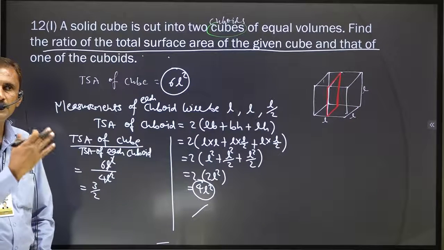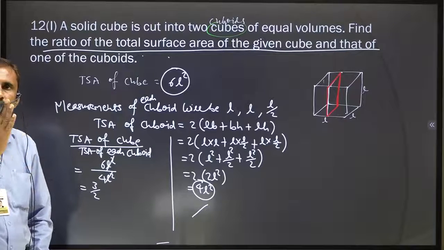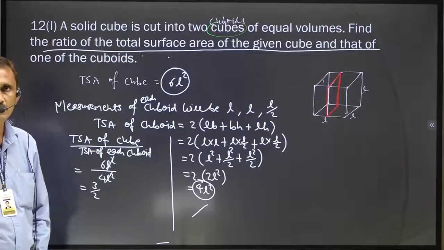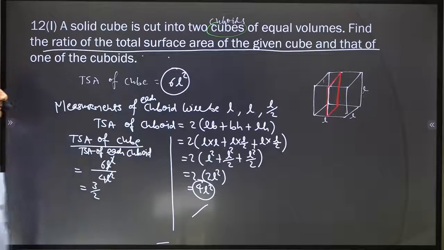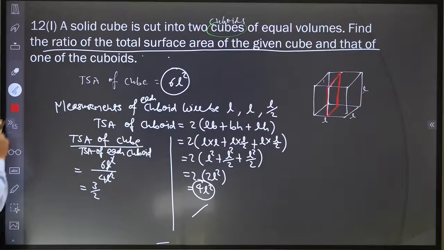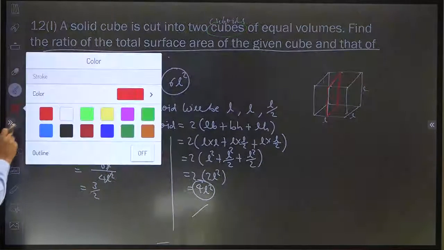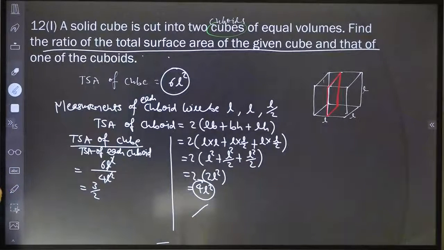From that red portion, it is cut into two equal parts, so each part now becomes a cuboid, not a cube. You can take a screenshot or just understand it, but it is better to take a screenshot right now.